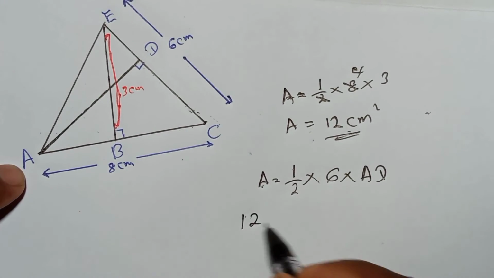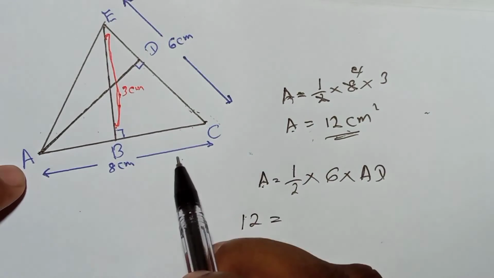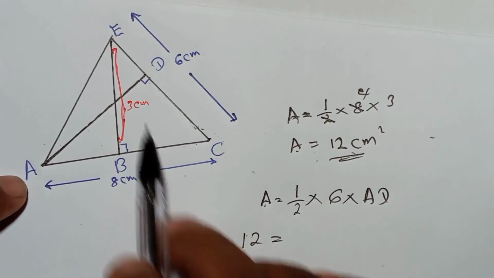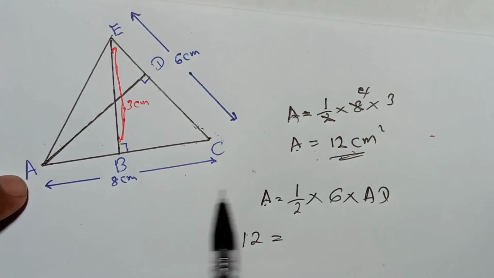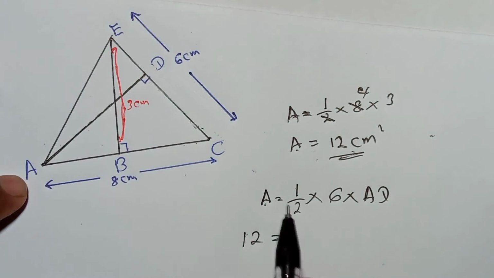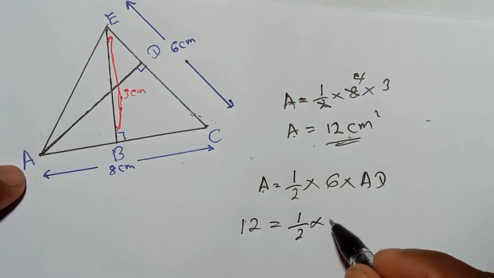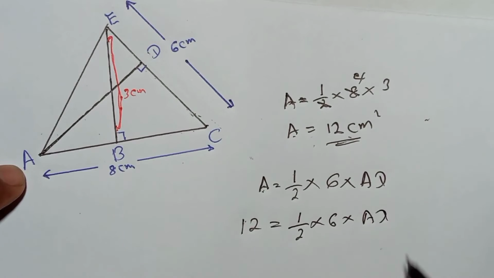That means 12 equals A, here also A, same triangle, not a different triangle. So here the area will not change. Either side you can use, this side or this side or even this side, base doesn't matter, the area will be the same. So A equals 12, here half, and here 6, here AD.